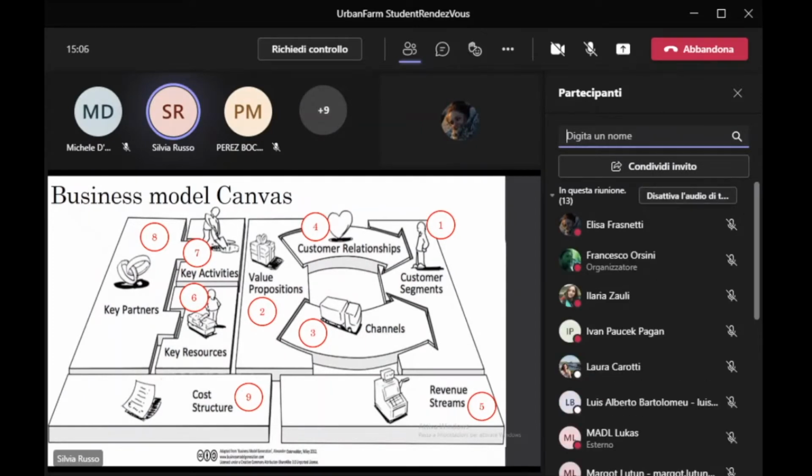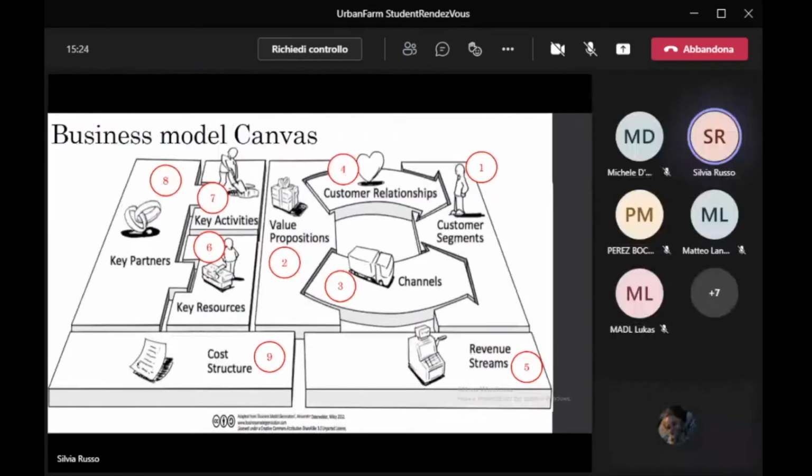In addition, the authors in the book, and also those who habitually work with this tool, state that the business model canvas is made up of two parts. The right part, customer segment, value proposition, channels, customer relationship, and revenue streams, represents the value and the creative part of the business model canvas.